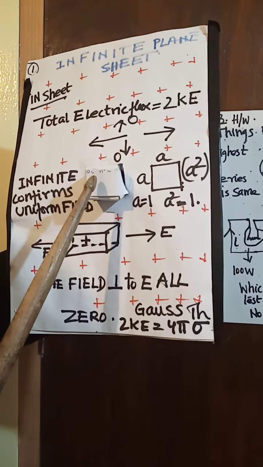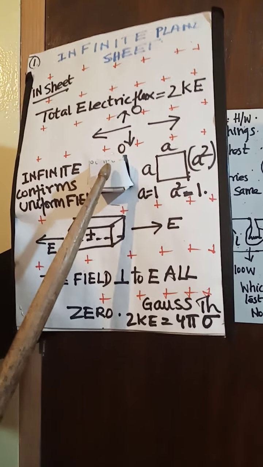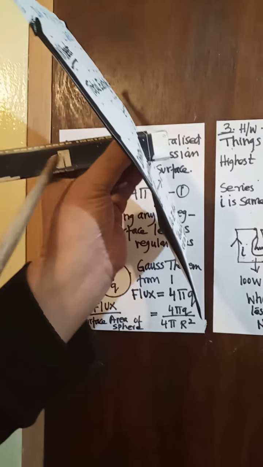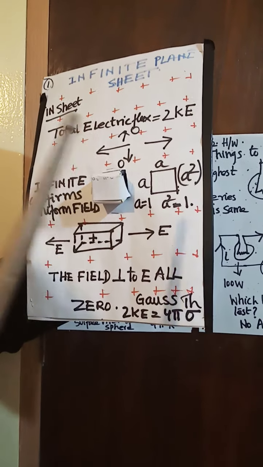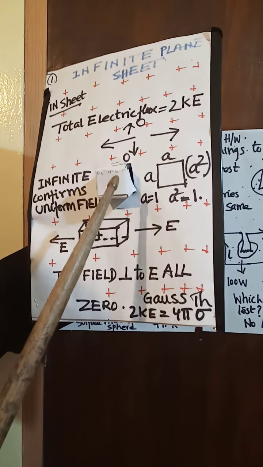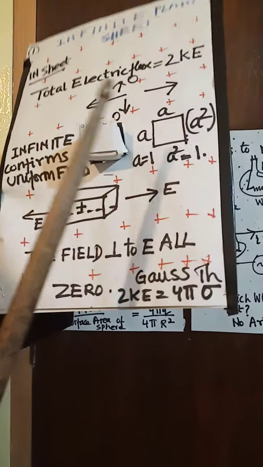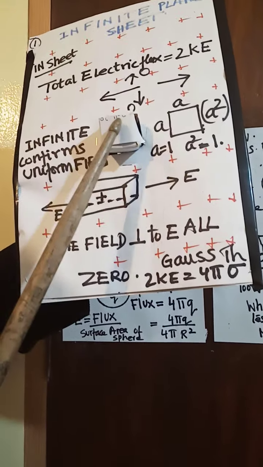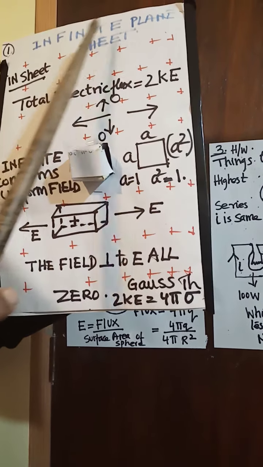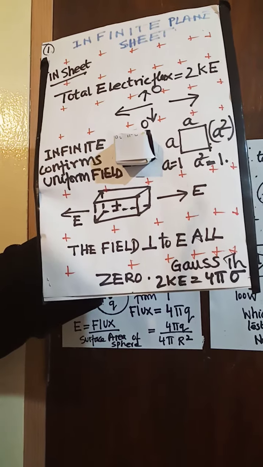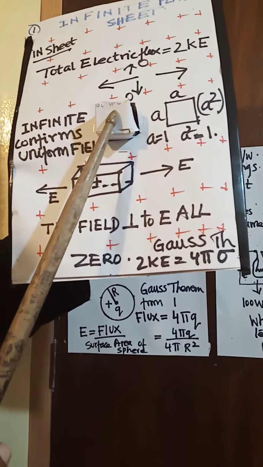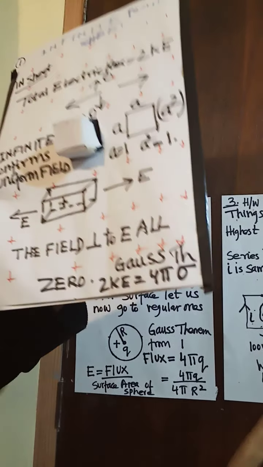See, sigma is the charge inside this rectangular quotient surface. So the field will be perpendicular to the plane of the sheet charge. This sheet is charged, so perpendicular to this there will be electric field from the paper to me and from the paper inside. So electric field this side and electric field on the other side.